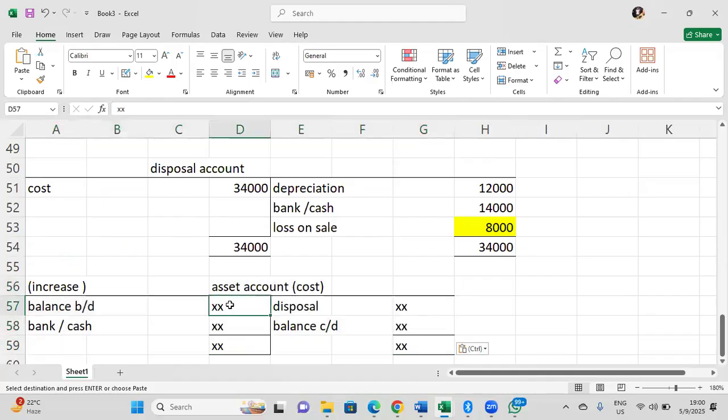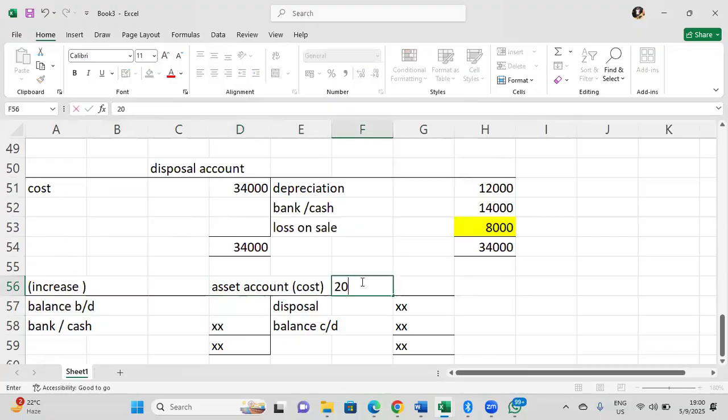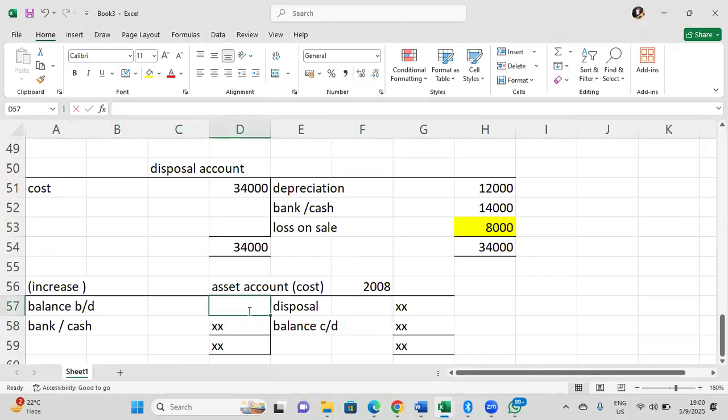So the balance BD, these are the value of the assets we had at the start of the year. The asset was bought in 2008, so we start from 2008. That's the first year. In the year 2008, we were not told that there were any assets in the business, so the balance BD is 0.